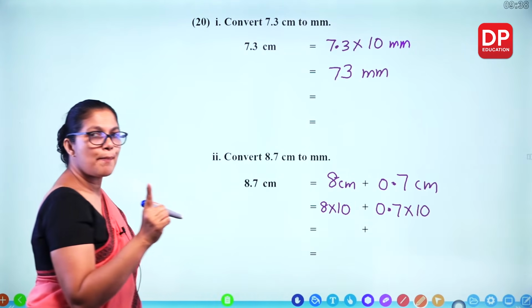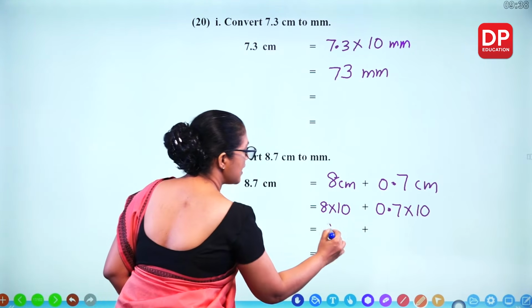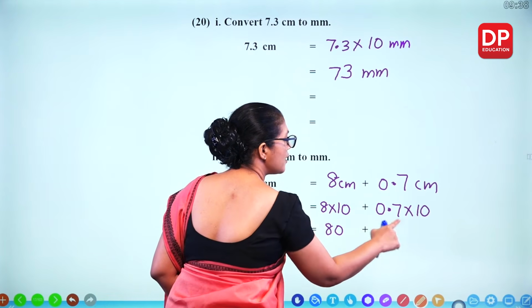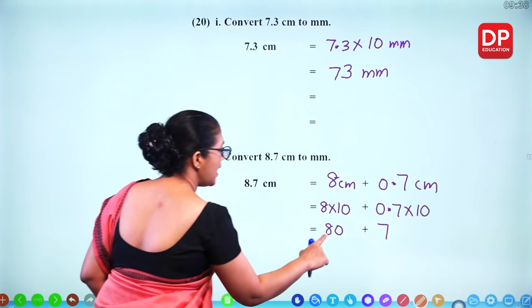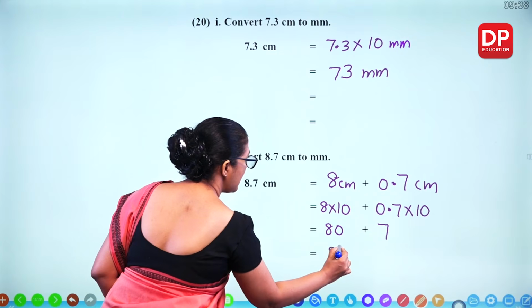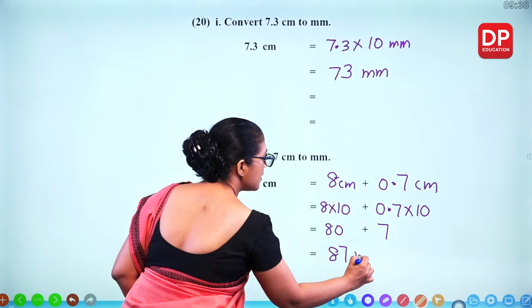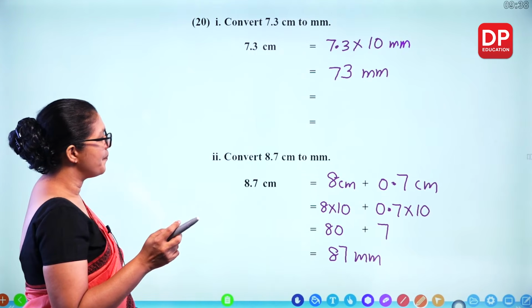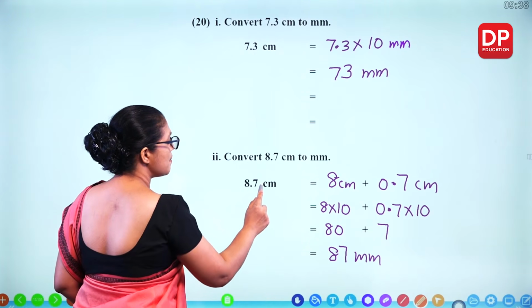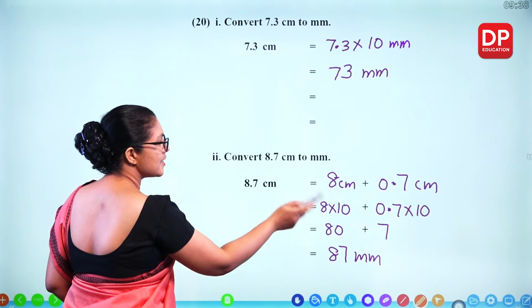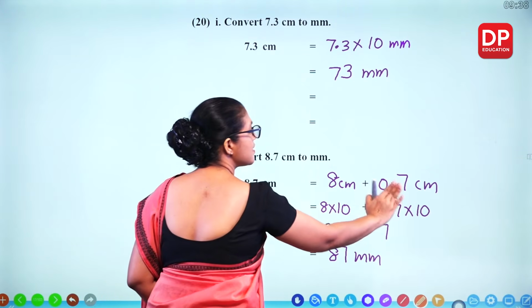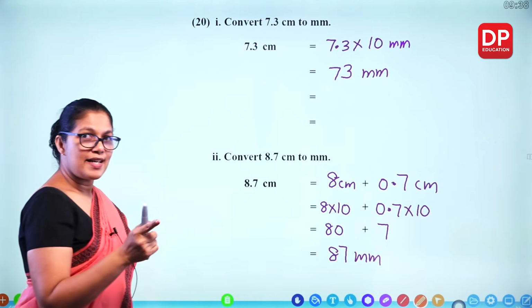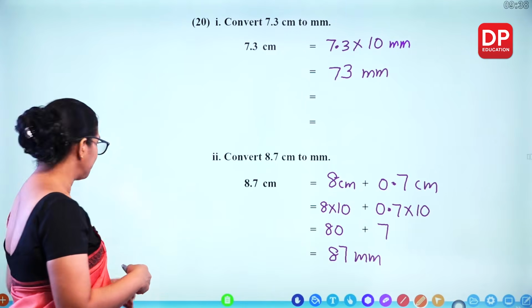Both you have to multiply by 10. You get 80 here. This one you get 7. 80 plus 7, 87 millimeters. So you can straight away do it by moving the decimal place one place to the right. If you do it separately, you get the same answer.